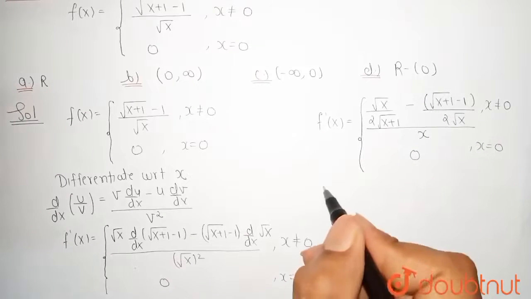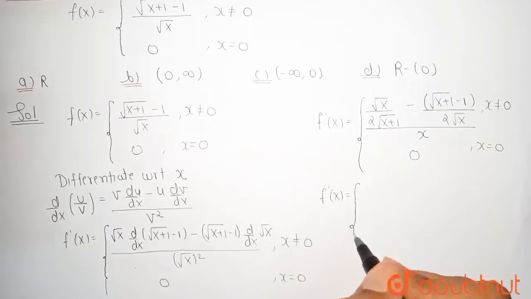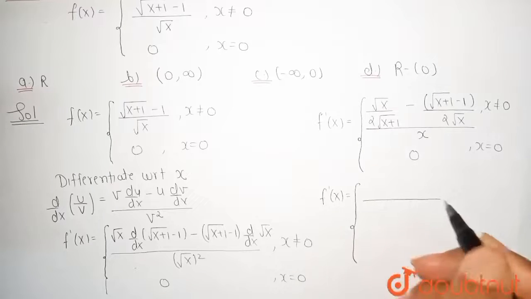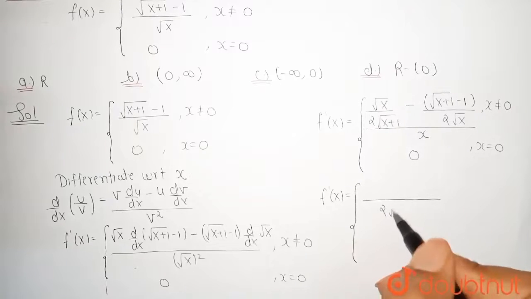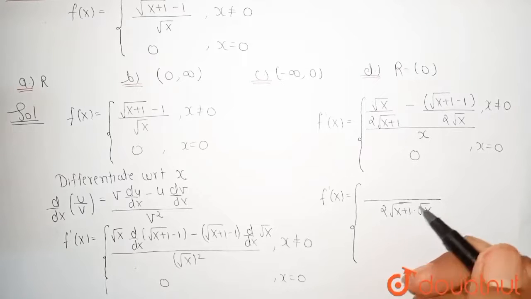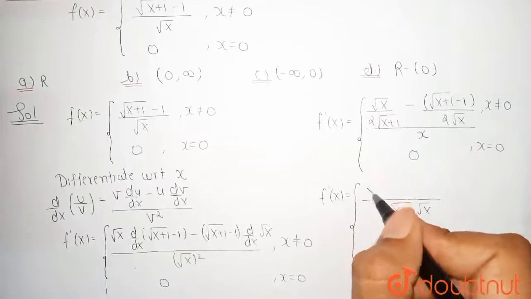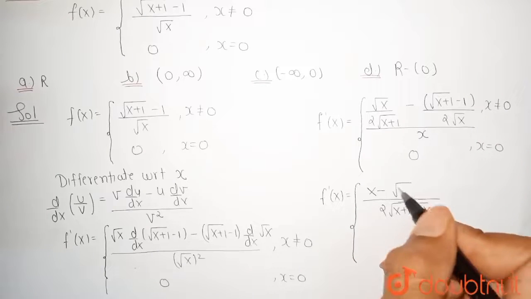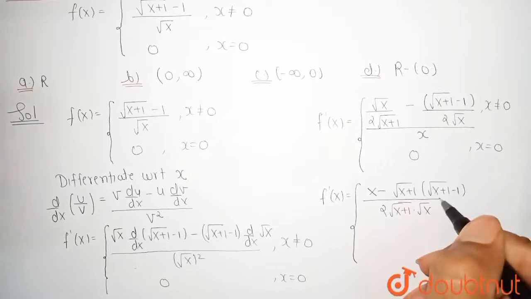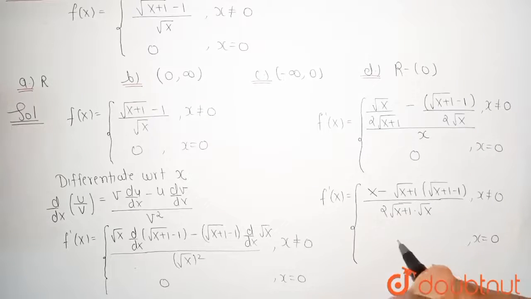Now if I take the LCM, the LCM is 2 root x plus 1 into root x. We multiply root x to this term, so we get root x into root x is x, minus root x plus 1 times root x plus 1 minus 1, if x does not equal 0, and if x is equal to 0 our function is 0.